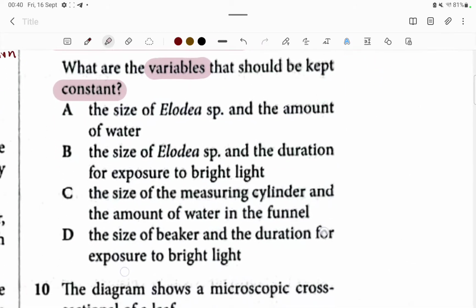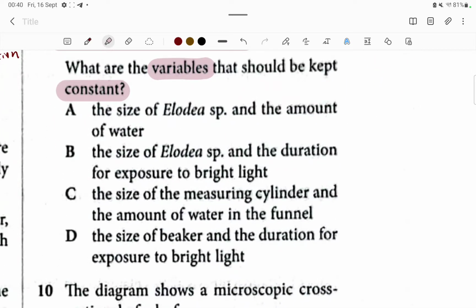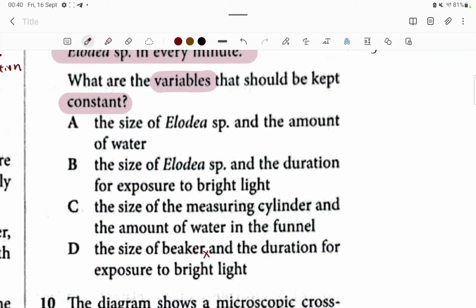And then this one, size of beaker, duration of exposure. Size of beaker actually doesn't really have a huge effect for the plants, for photosynthesis.